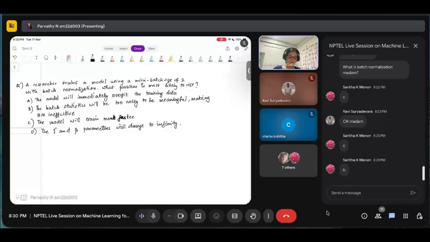So the batch normalization will become inconsistent across batches and in fact might destabilize the training. So the answer is that the batch statistics will be too noisy to be meaningful, making the batch normalization ineffective. So it is recommended to use batch normalization when there is a batch size of 16. Minimum batch size should be 16 to 32.